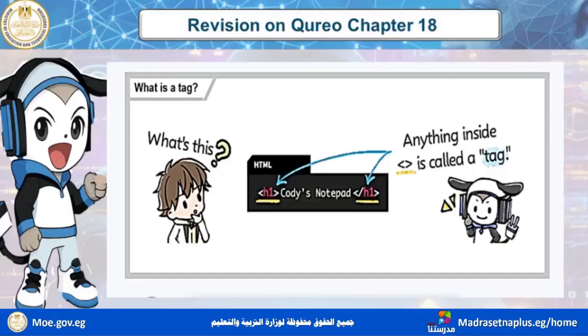But now we say that a tag is anything inside the angle brackets, or between less than and greater than. So HTML consists of a group of tags, and each tag, of course, has a specific meaning to the browser.